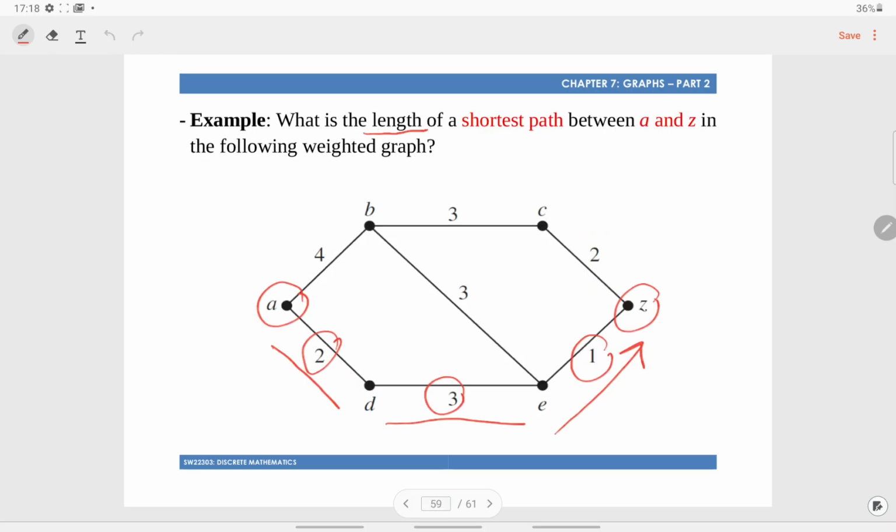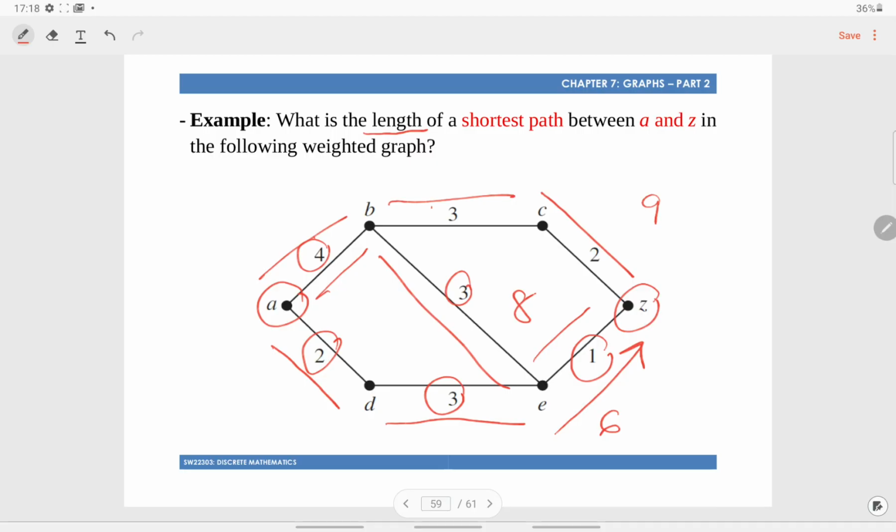Another possible way is to move from A to B, B to C, C to Z. So we have 4 plus 3 is 7, 7 plus 2 is equal to 9. That is longer than 6. Another possible way is A to B, B to E, and E to Z. What is the length? 4 plus 3, 7 plus 1 is equal to 8.